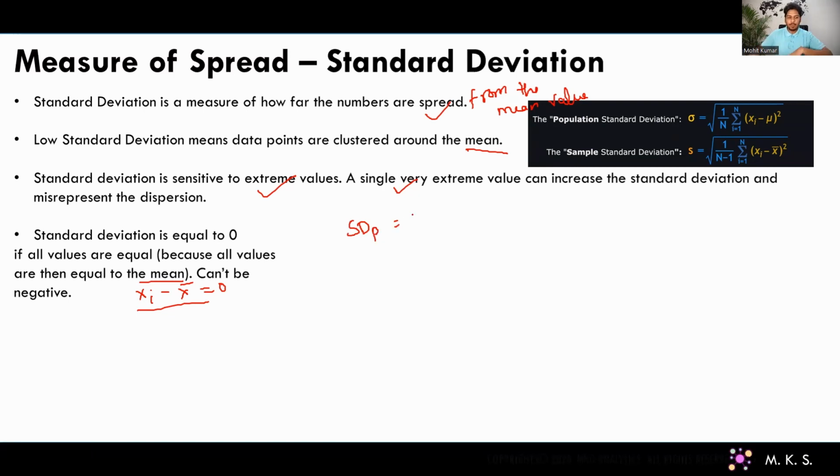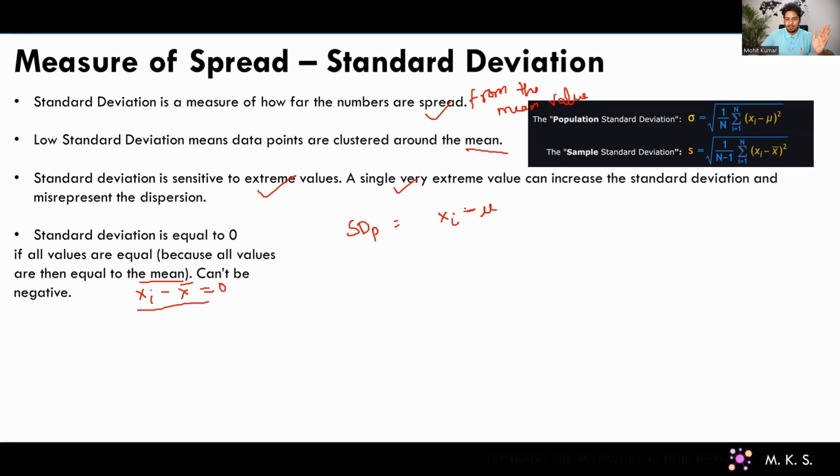Now important point, guys, as we know, we try to find out how far the values are from the mean. How can we calculate that? We can calculate that by subtracting the mean from every value. Right? Let's say xi is my ith value in the data set, minus mu, which is the mean of the population. We are calculating for the population. Mean of population we represent using mu. Right?